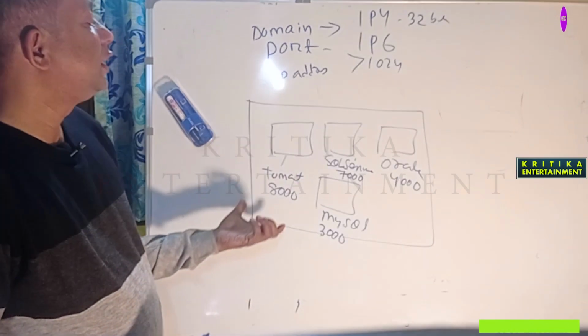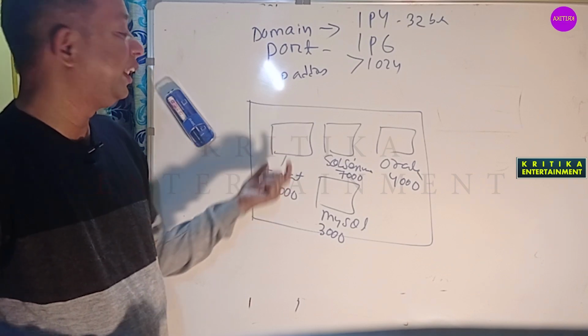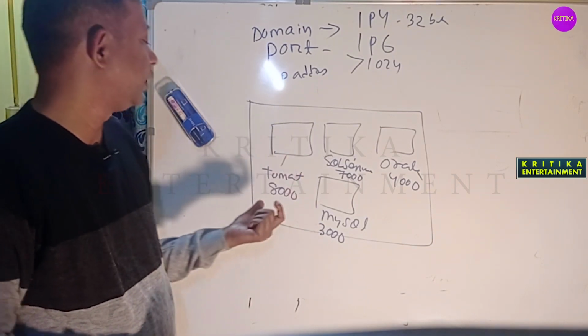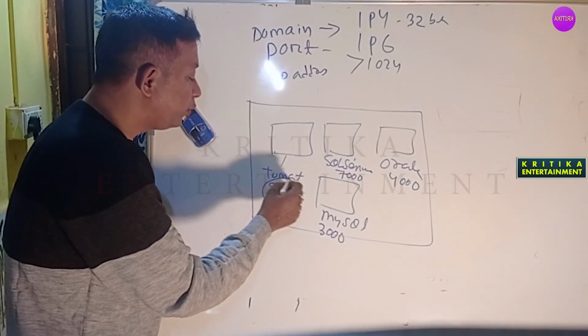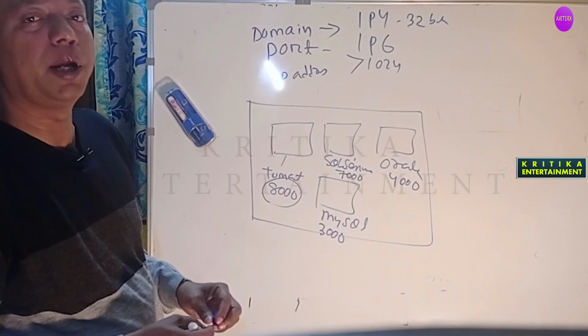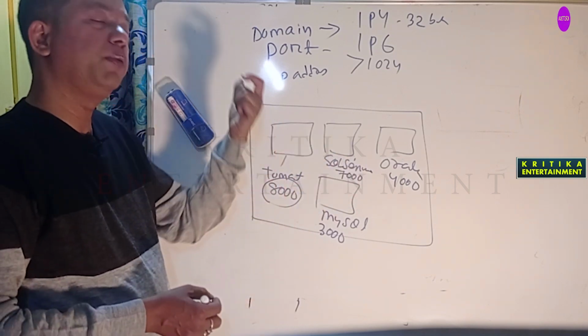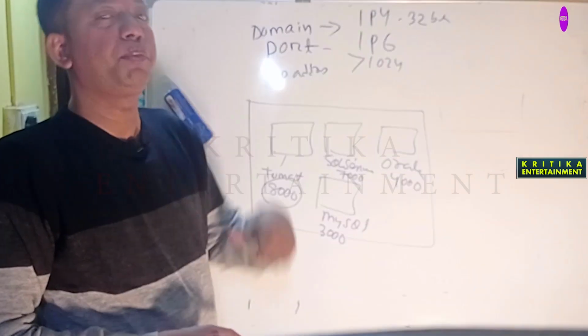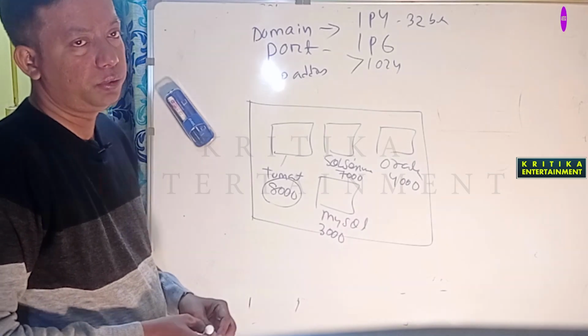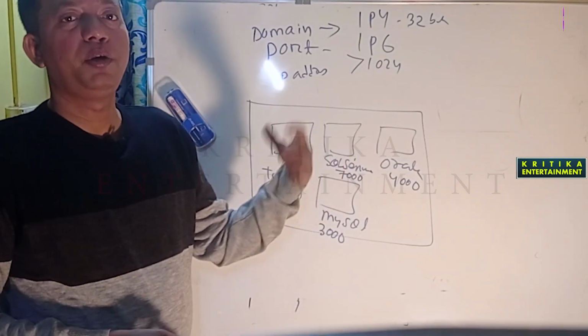So in one system, several programs are running. If I want to call the Tomcat application, which port do I use? 8000. That means on the same machine, if different programs are running, you assign them different ports, so that whenever you use that port, that program will automatically be called.